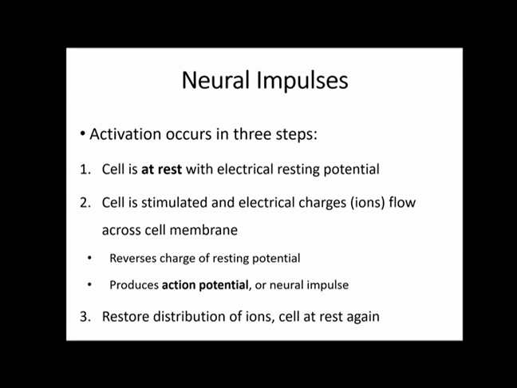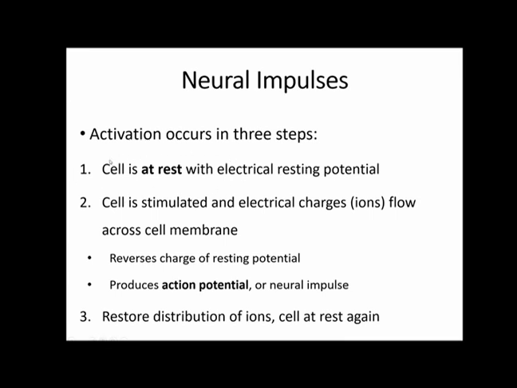So by having a different charge inside and outside the cell, we've created this tension, this electrical potential for energy, but it's resting because we're not allowing it to move. The cell membrane is keeping everything separate, so there's this potential for the electrical charges to move, but when the cell is at rest, the electrical charges are stuck where they are.